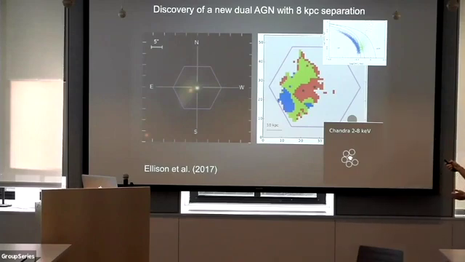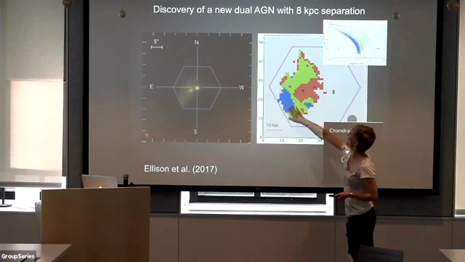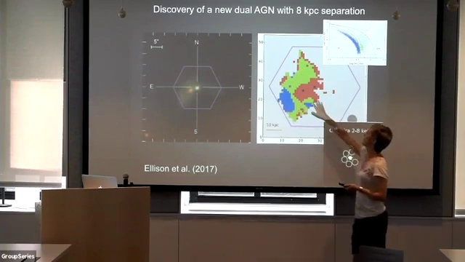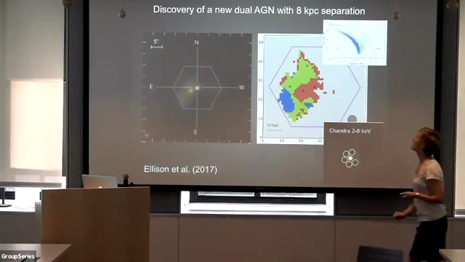So if the spaxel is on this wing, it's dominated by radiation coming from star formation. And if it's up here, it's dominated by radiation coming from AGN. So it's the same technique that many people the world over use to identify AGN. So we color code our spaxels by whether they're star forming, whether they're composite, so a little bit of both, or whether they're dominated by the AGN.